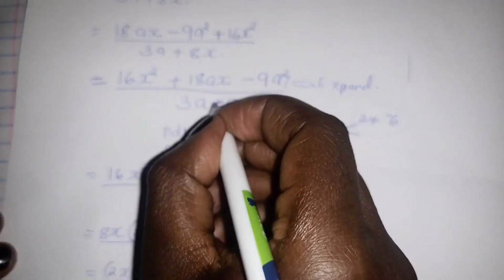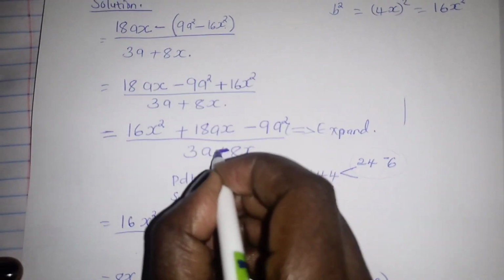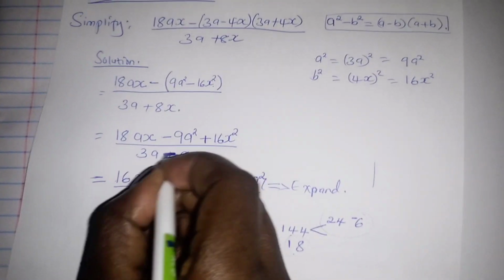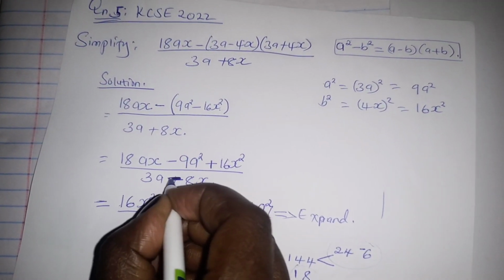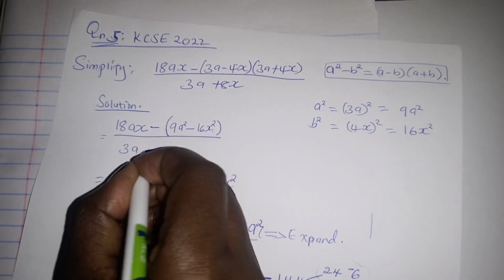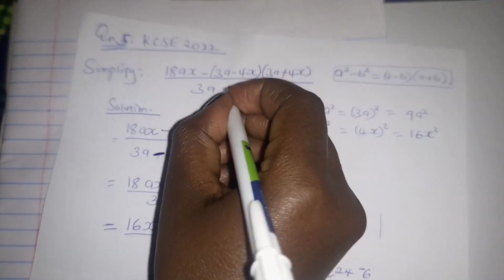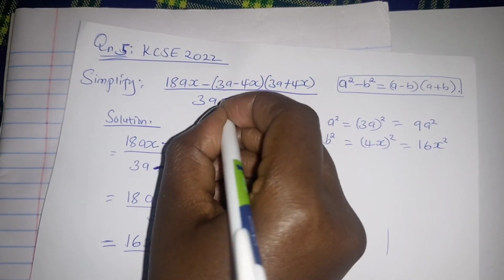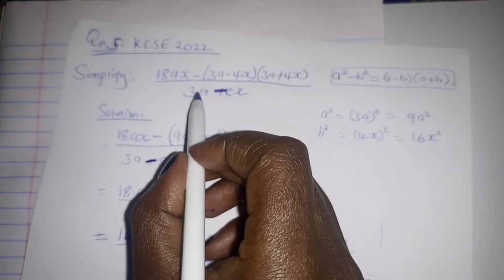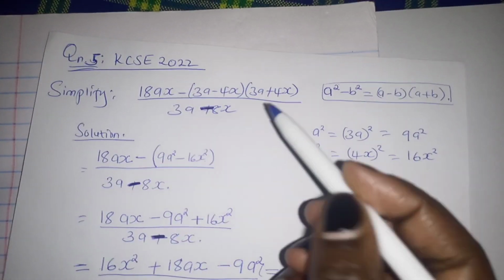Sorry for that, the question was a negative, not a positive. The denominator is supposed to be 3a minus 8x.